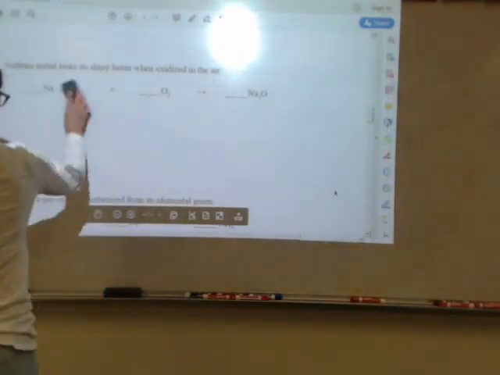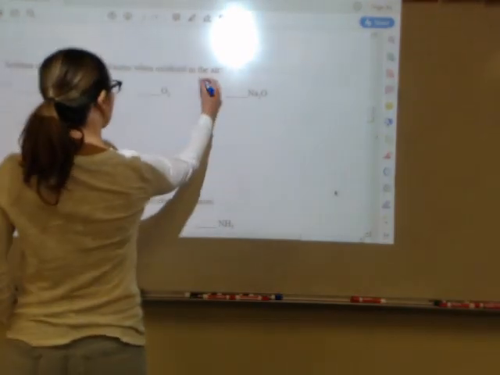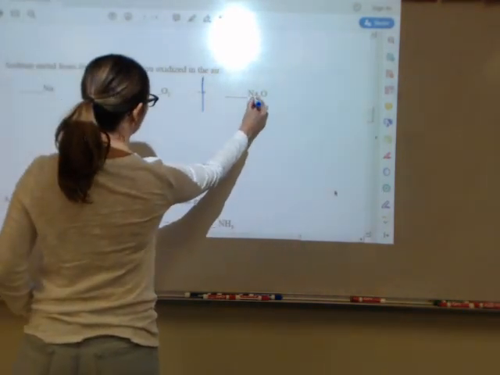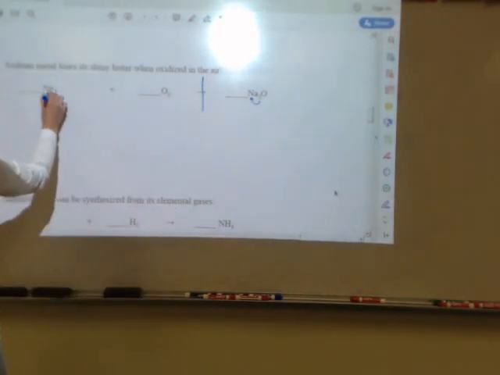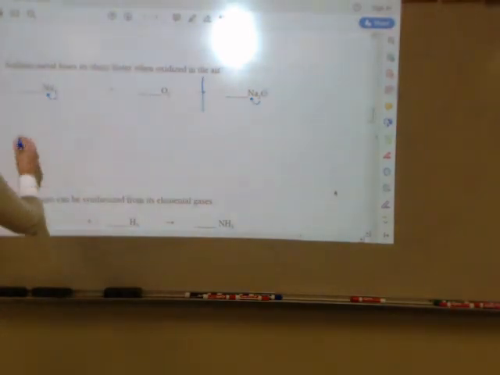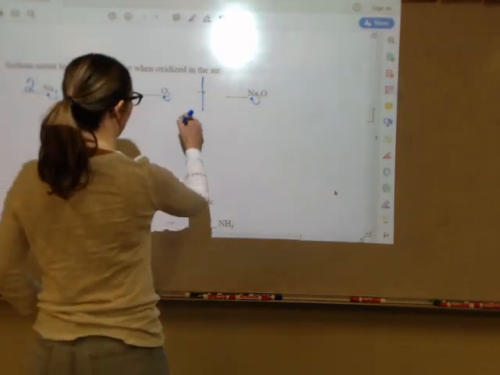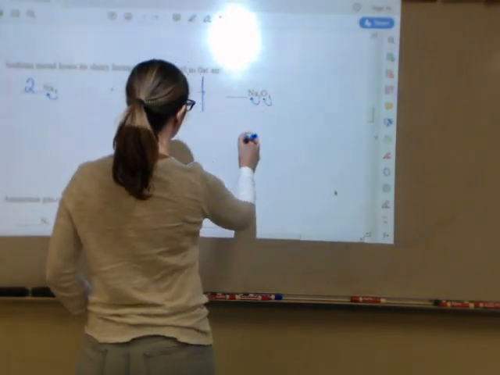Let's look at number 3. I have 2 sodium on the product side, but only 1 sodium on the reactant side. So I can put a 2 in front of sodium to balance it. Then I'll notice there's 2 oxygen on the reactant side, but only 1 oxygen on the product side.